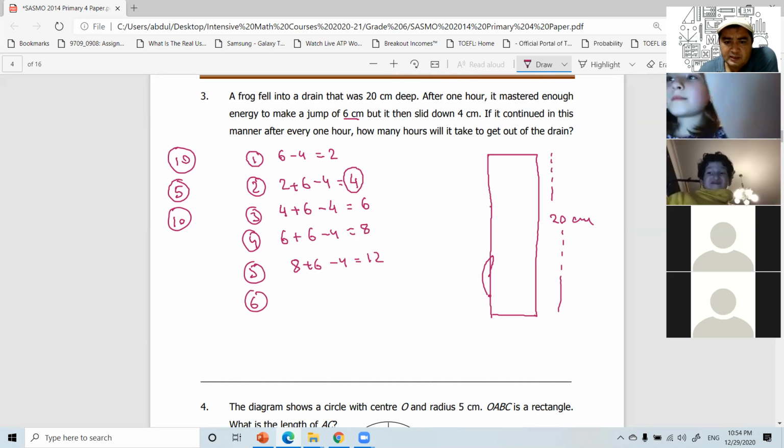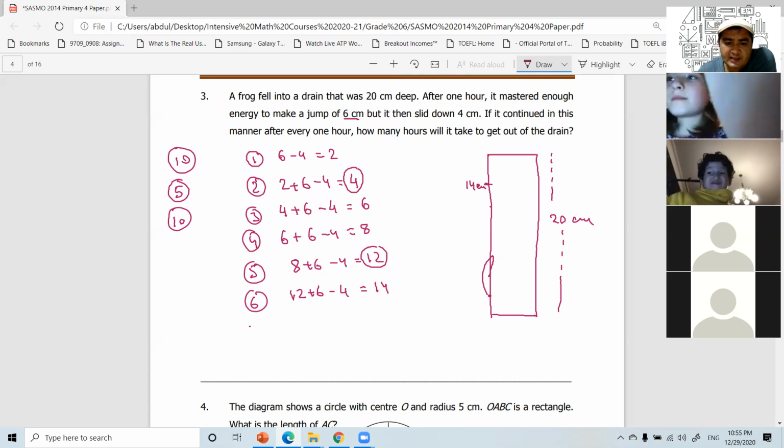And the sixth hour, now it is 12 centimeters high, right? So it is 12, jumps 6, and slides down 4, that's 18 minus 4, it is 14. Okay, guys, this is the important point. Now the frog is 14 centimeters high.